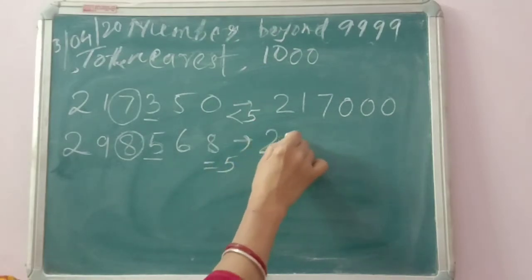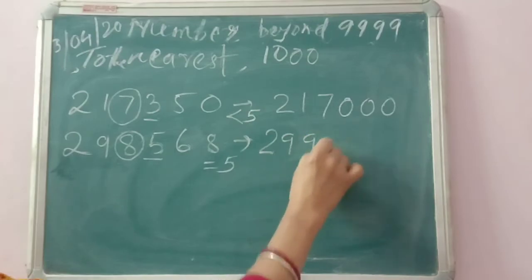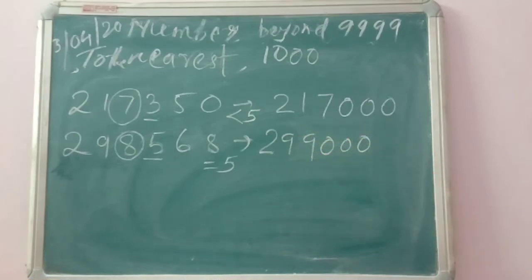So my approximate value or rounding of the number will be 2,99,000. So understand, children, this is called the rounding of numbers.